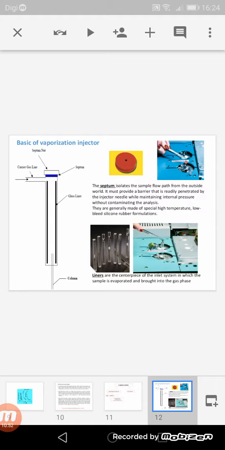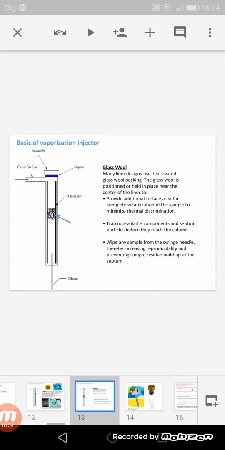For example, many liner designs use deactivated glass wool packing, held in near the center line to provide additional surface area for complete volatilization of the sample, to minimize thermal discrimination, and trap non-volatile components and septum particles before they reach the column.